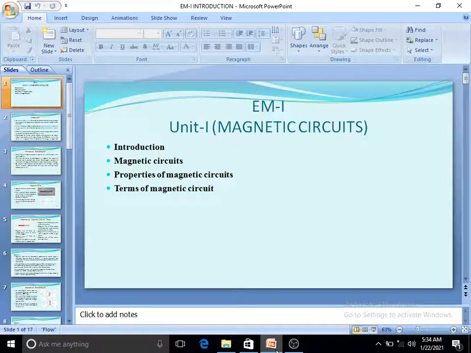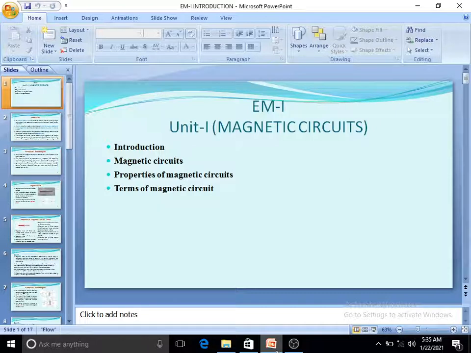Coming to the machines, as per your curriculum this subject has been divided into two parts. In this semester we have Electrical Machines 1, and the other part is Electrical Machines 2, which you will study in your next semester. Electrical Machines 1 consists of 5 units.